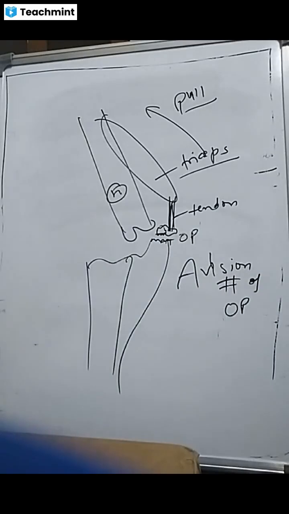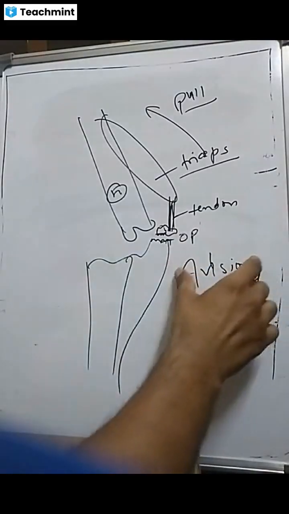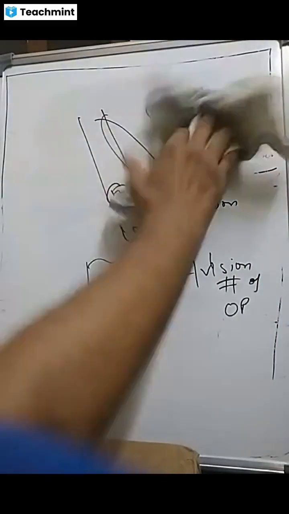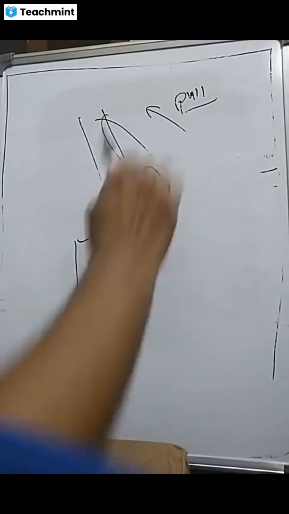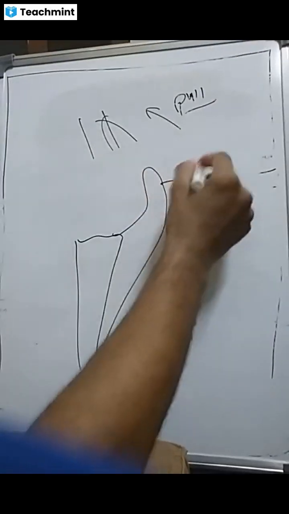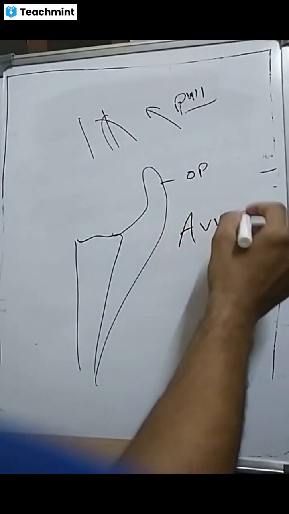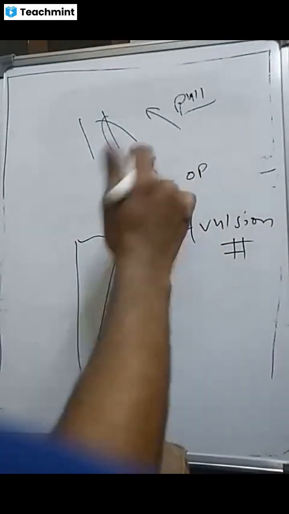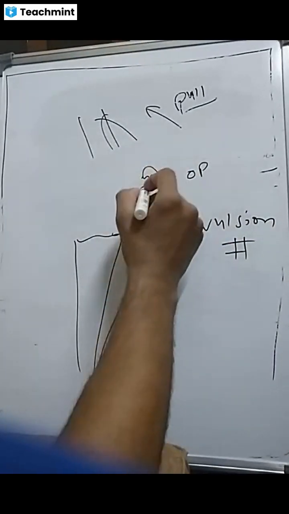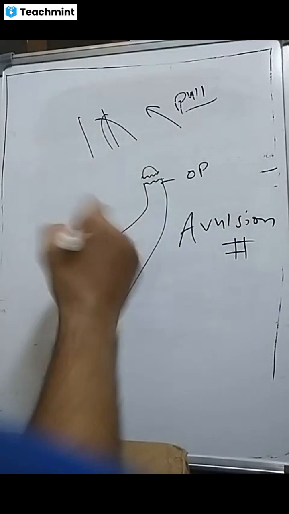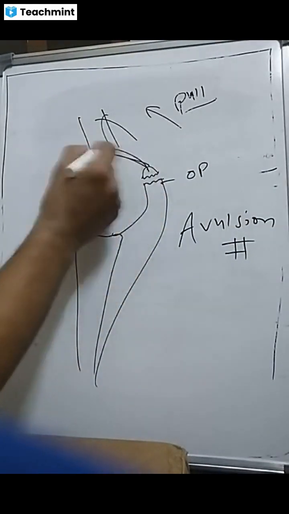So what is the meaning of the avulsion fracture? This is radius and this is a process. In case of avulsion fracture, the bone gets pulled off along with the tendon.